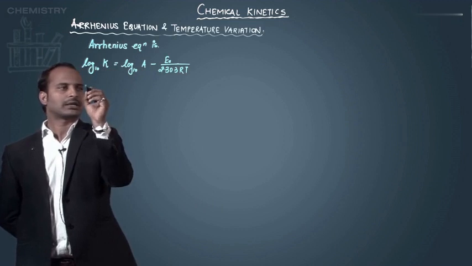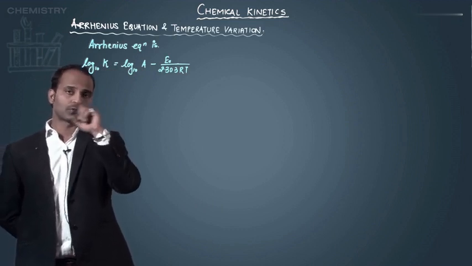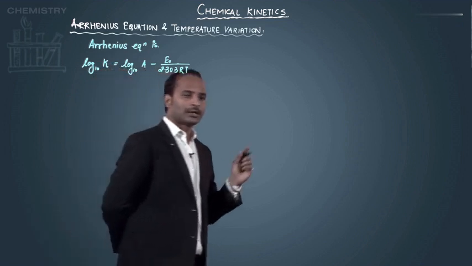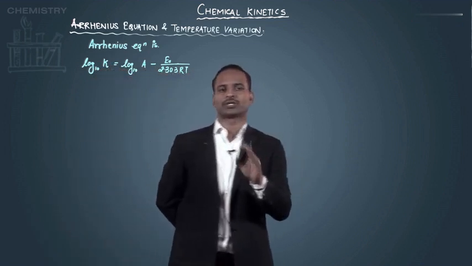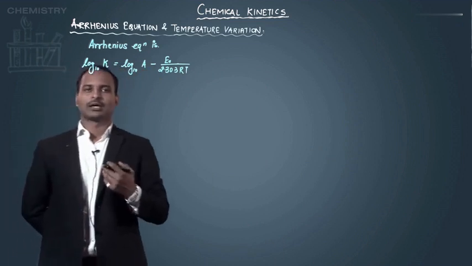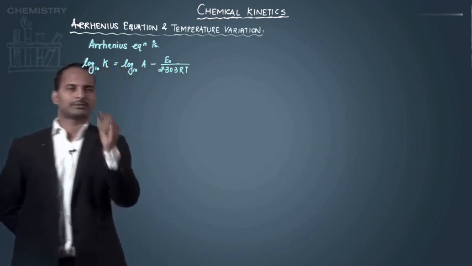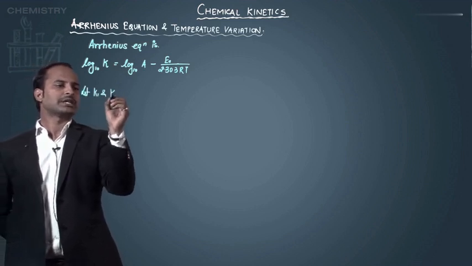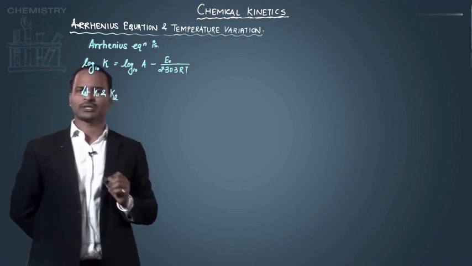So here I can say that I am changing a temperature from T1 to T2, where I said T1 is a lower temperature and T2 is a higher temperature. And if I'm changing a temperature, the K will also change, so I can say K1 and K2 are the two constants, where K1 is a rate constant at temperature T1 and K2 is a rate constant at temperature T2.